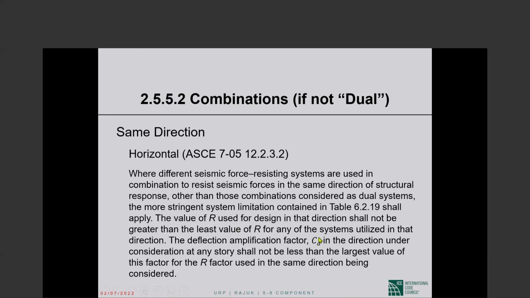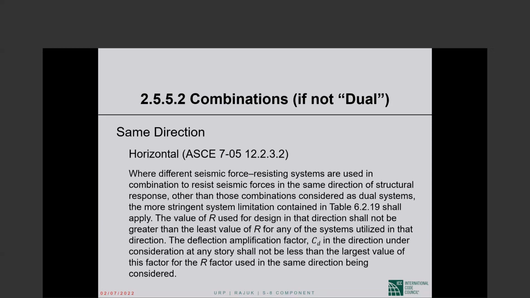The C sub D in the direction under consideration in any story shall not be less than the largest value of this factor for the R factor used in the same direction being considered. This is complicated language. We are essentially saying R will be the smallest R value of the different systems that are strung together.